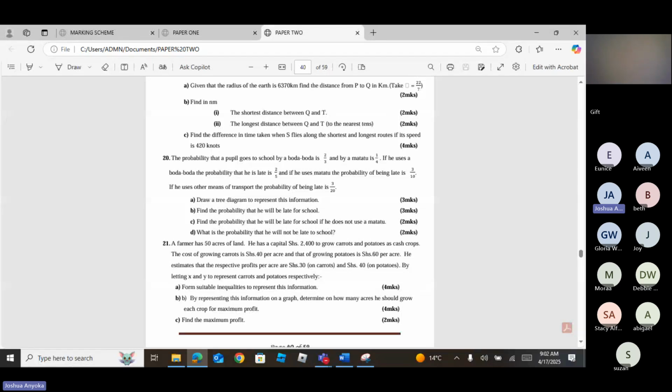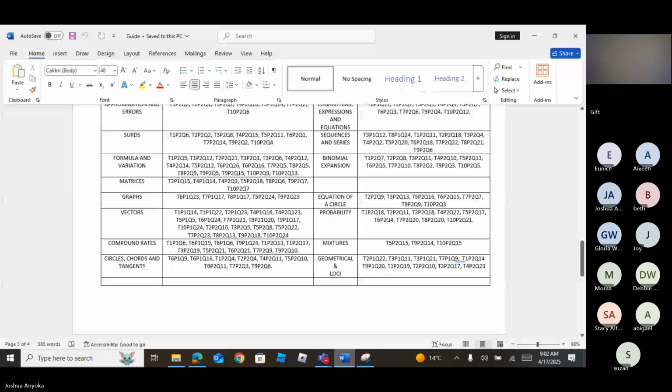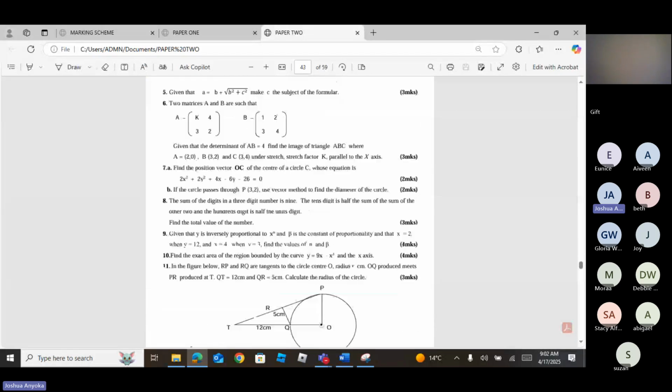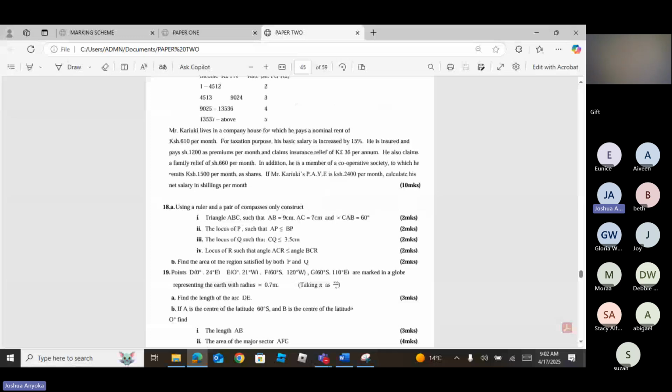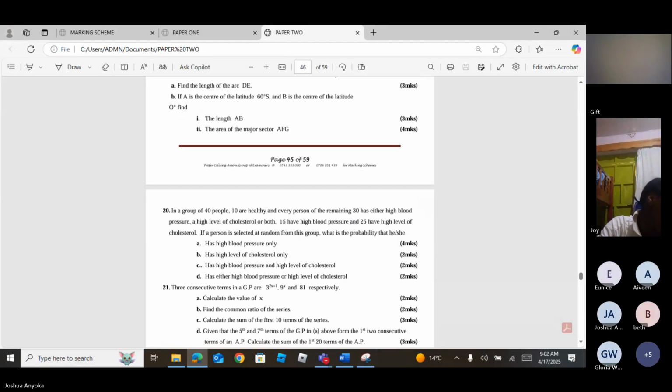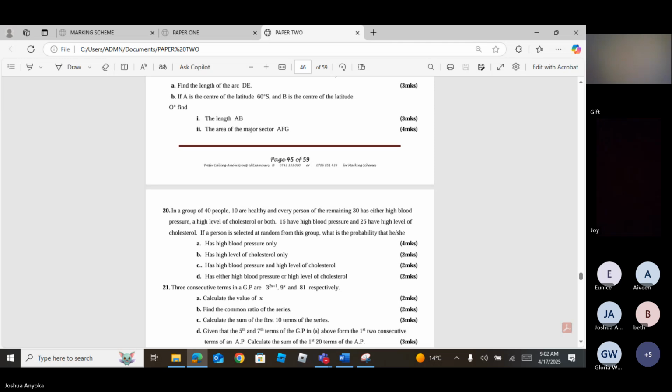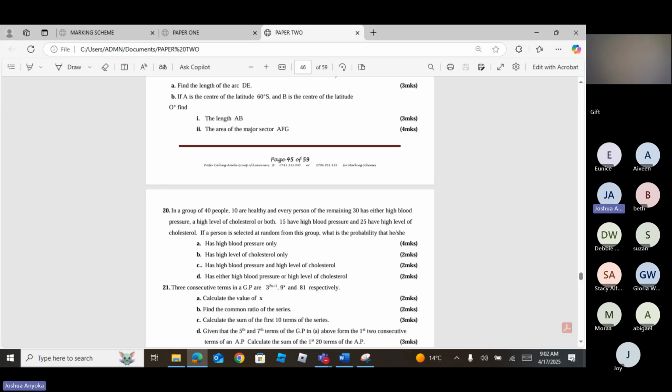Then we go to trial 8, question 20. It is still the same thing as the one that we worked out.